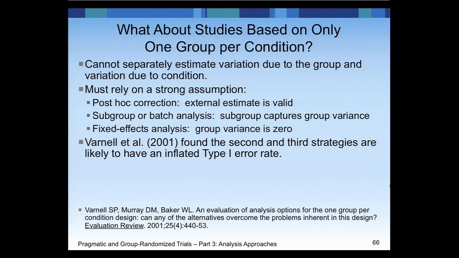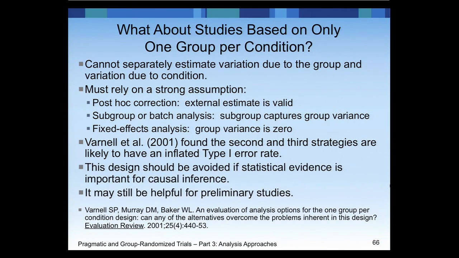Any approach that we apply to this kind of design rests on a strong assumption. There are several approaches that have been tried. A paper by Sherry Varnell published in 2001 examined these and suggested that they have an inflated type 1 error rate if there is a variation associated with the group, and we can't test those assumptions. So we do not recommend this approach if you're interested in statistical evidence for causal inference.